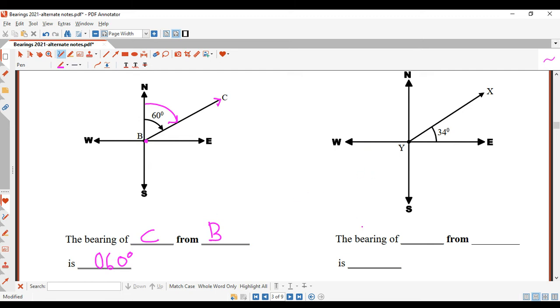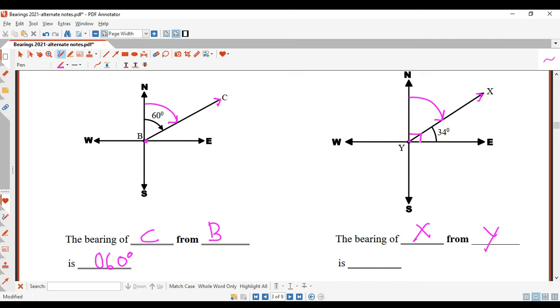Now let's have a look at the next one. You can pause the video if you want to have a go at this one. So here's my direction, and the compass rose is sitting right at Y. So the direction of X from Y is, now it's got to be the clockwise angle from north. So it's got to be that angle there.